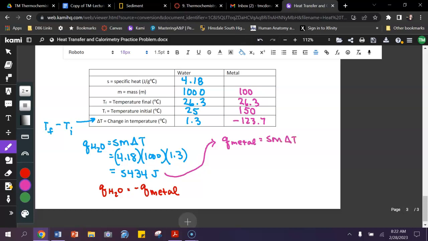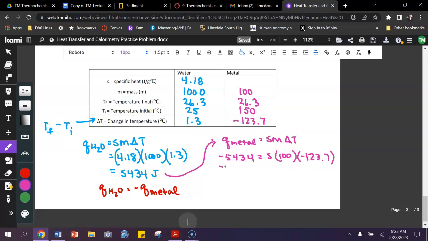Okay, so remember that we do not know S, but we know all the other variables, so we can definitely solve for S. So the Q of the metal is negative 5,434, and that's equal to S times the mass, which is 100 grams, times our change in temperature, which is negative 123.7.